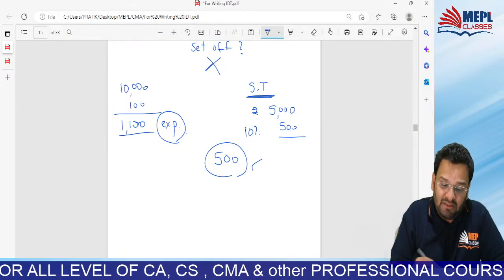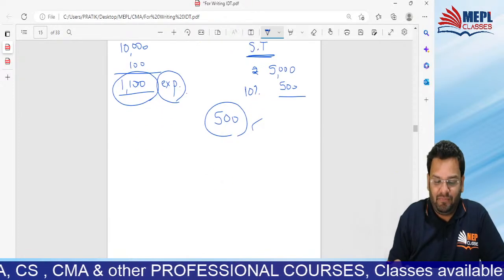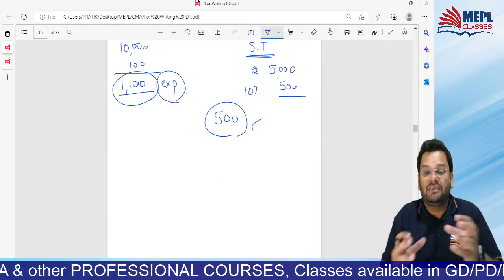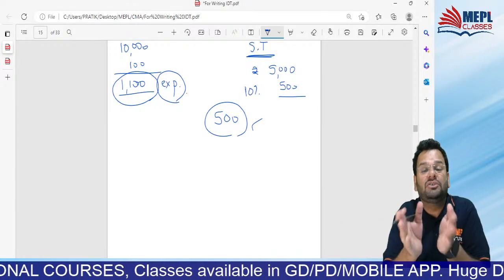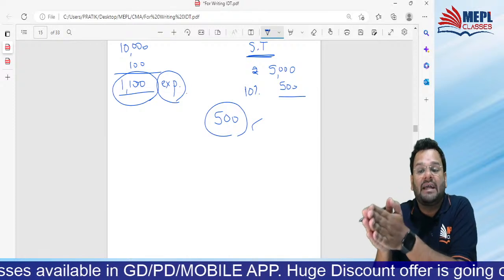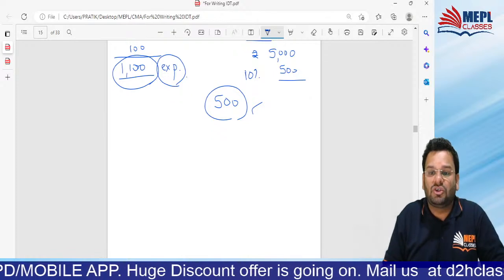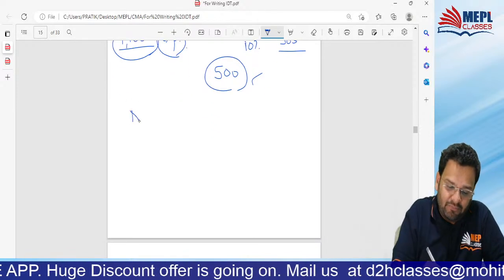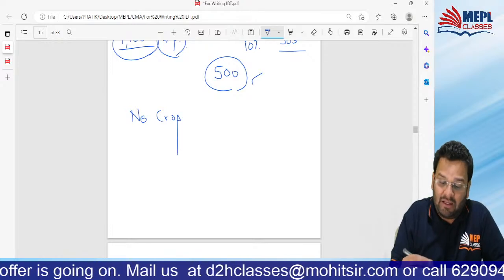Full 1100 became expense, isn't it? So no cross utilization of credit possible in earlier tax regime. No cross utilization of ITC.